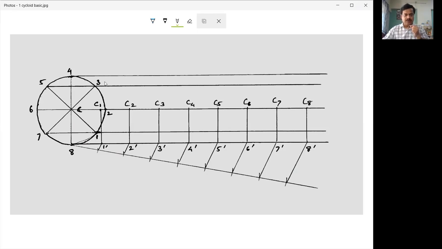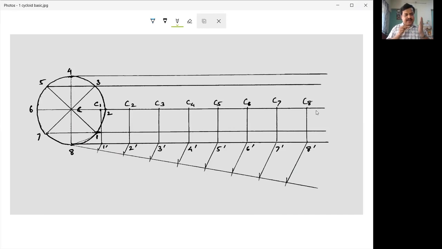One starting from 4, one horizontal line which will pass through 5 and 3. Then there's a center line, then the 7 and 1 line, and finally the ground line. So 5 horizontal lines. All these vertical lines that you're drawing from 1 dash, 2 dash and so on will intersect the center line, giving you points called C1, C2, C3 and so on.